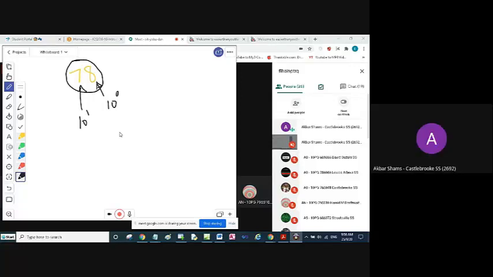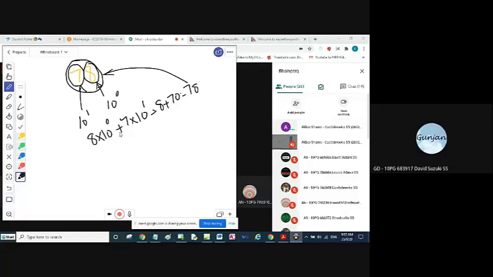Now, the question is how many 10 exponent 0 do I have? I have 8 of them. And how many 10 exponent 1 do you have? 7. So you see 8 times 10 exponent 0 plus 7 times 10 exponent 1, which becomes 8 plus 70, which is 78, which is exactly this number. That makes sense. Okay, beautiful.